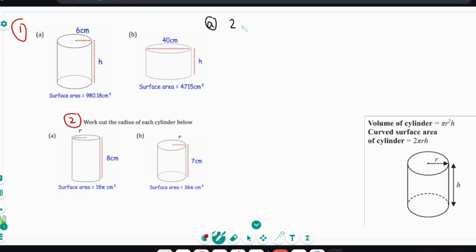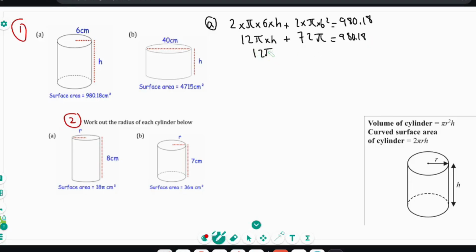So 2 times pi times r times h plus 2 times pi times r squared is equal to 980.18. 2 times 6 is 12, so 12 pi times h plus 36 times 2, 72 pi. I want to make h the subject here.